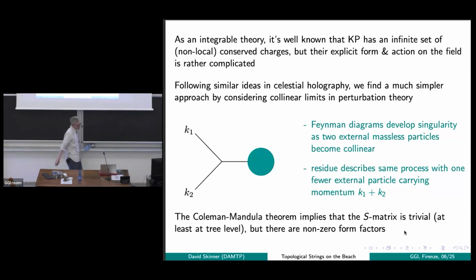So there's not going to be any S matrix in this theory, but there will be non-zero form factors. You could imagine putting a rock in the middle of these waves, or a plug hole or something, some operator that changes the behavior of the waves. And in the presence of that operator, there will be non-trivial scattering in the presence of the rock. So there will be non-trivial form factors, and so really we'll be considering these Feynman diagrams for form factors.